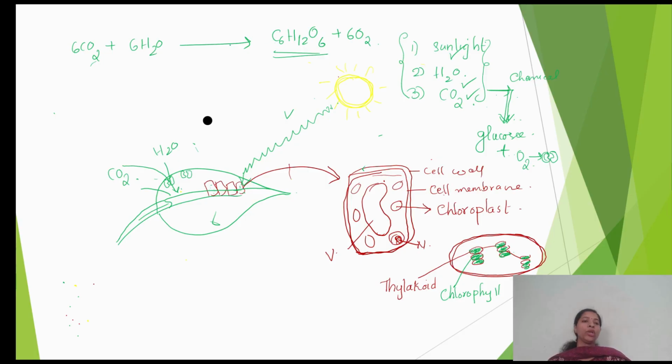For making one molecule of glucose, how much carbon dioxide is needed? We need 6 molecules of carbon dioxide and 6 molecules of water. Then only the reaction will happen. This is in the presence of sunlight and chlorophyll. This chemical equation is very important. They will ask it separately.